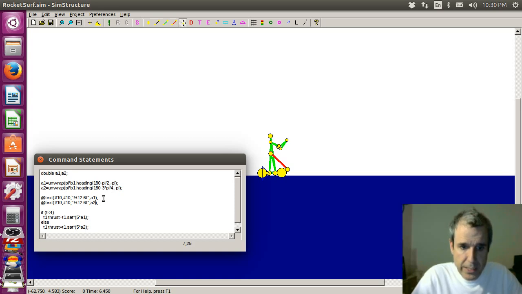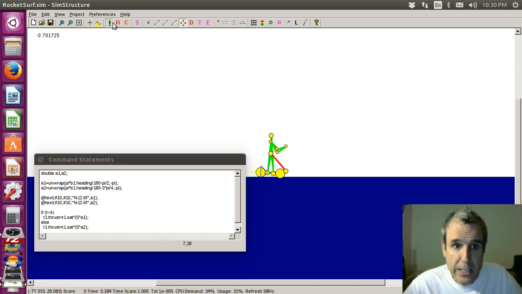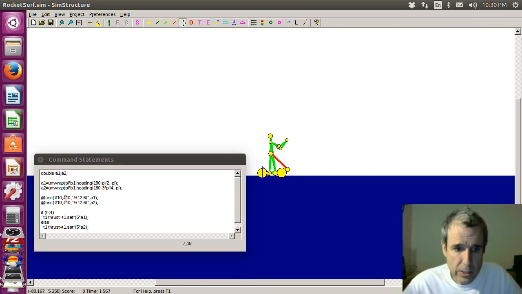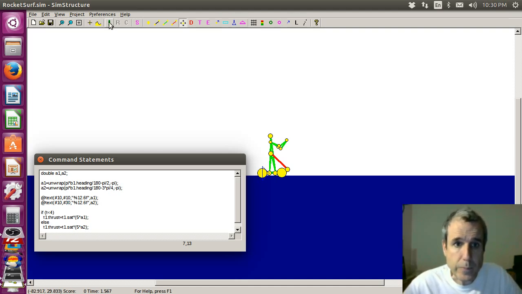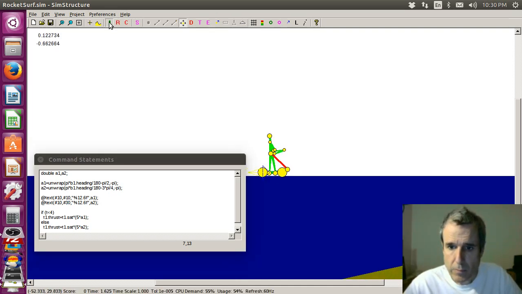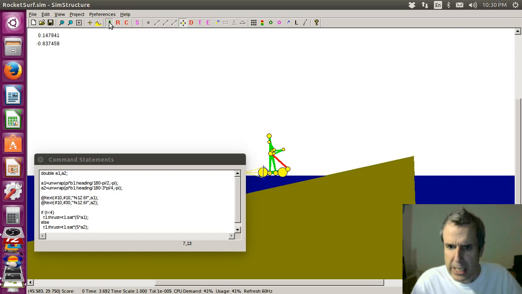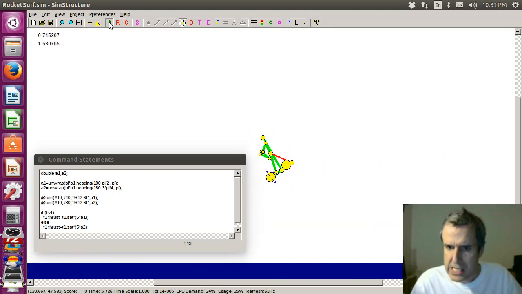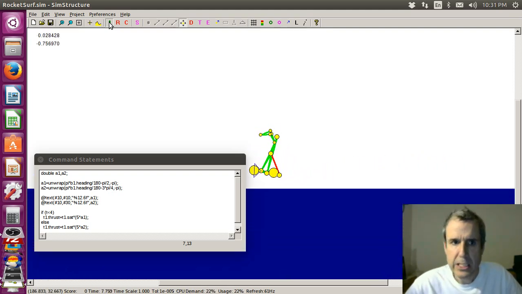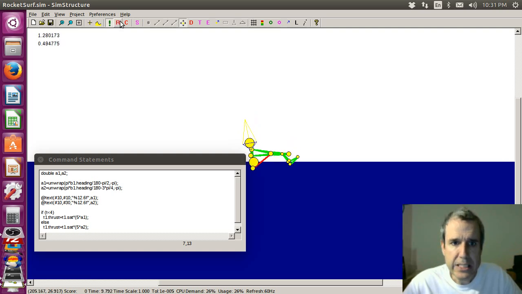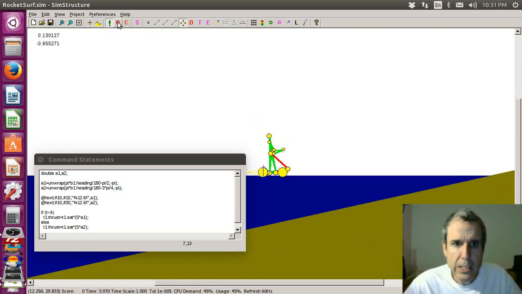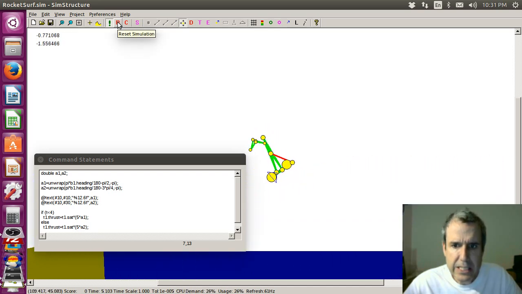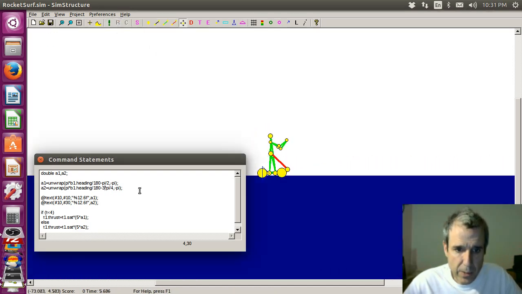So we're not doing PID controllers yet. We could do PID. Okay, hold on a second here. We want it the other direction.